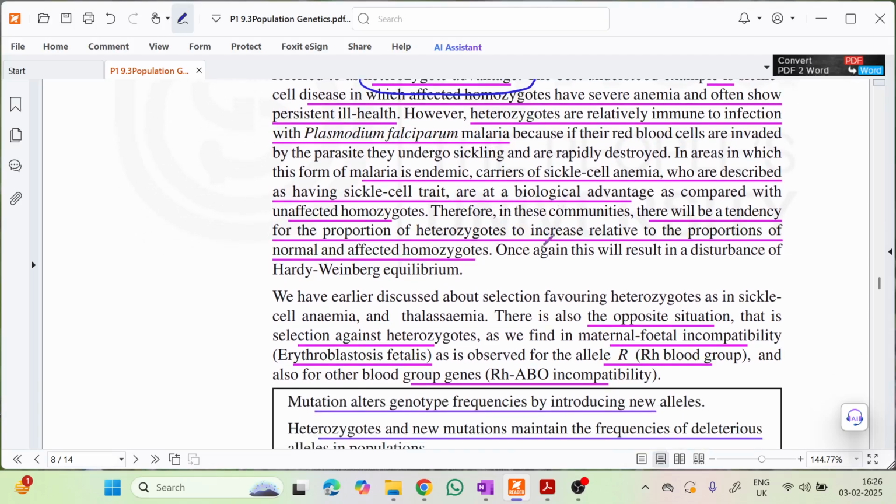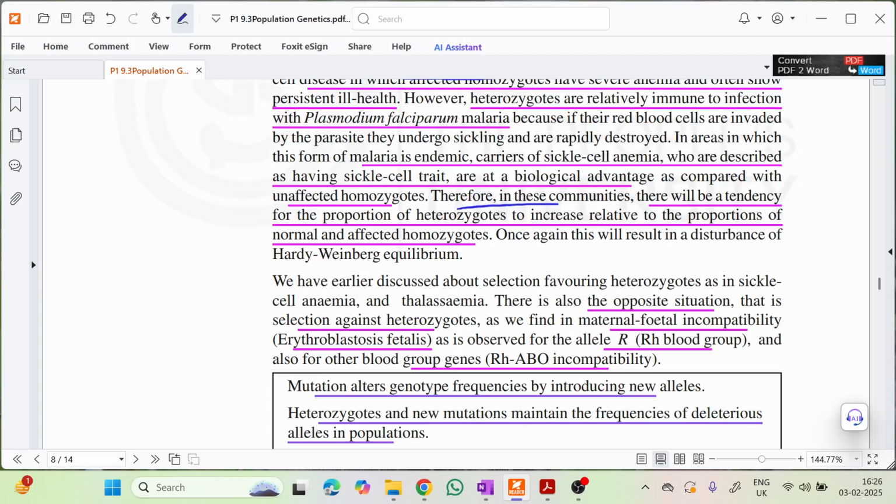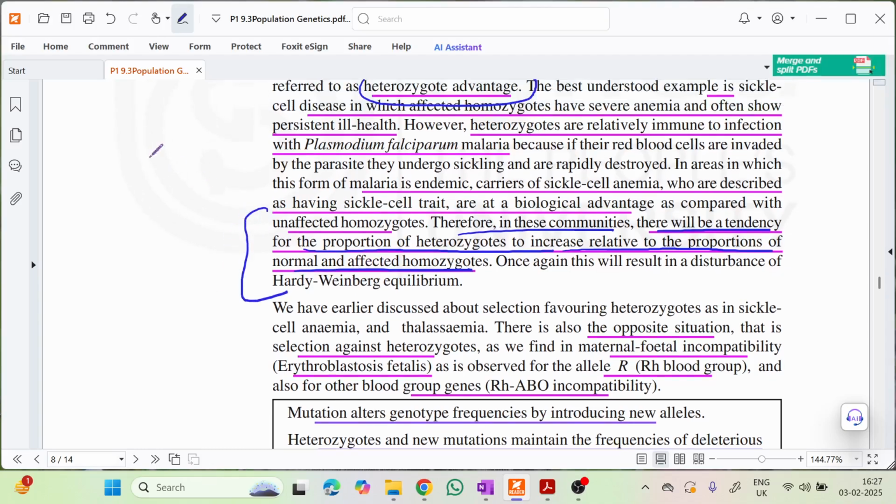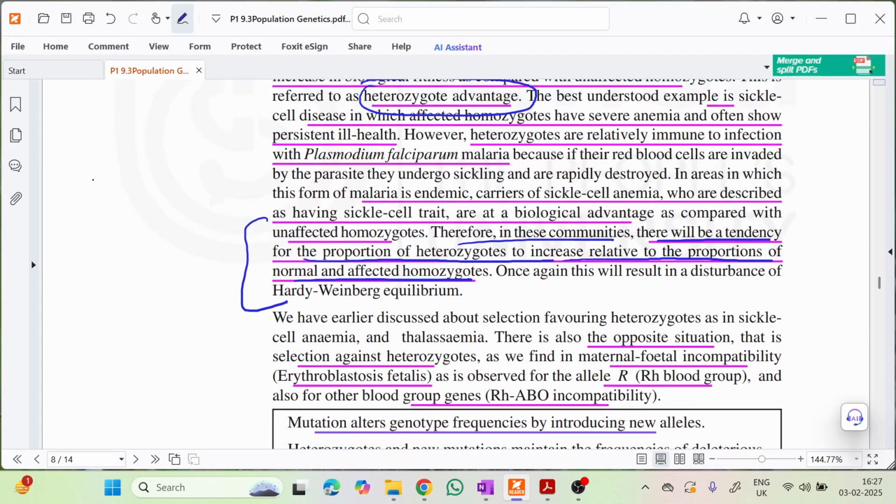Therefore, in those communities, there will be a tendency for the proportion of heterozygotes to increase relative to the proportion of normal and affected homozygotes.